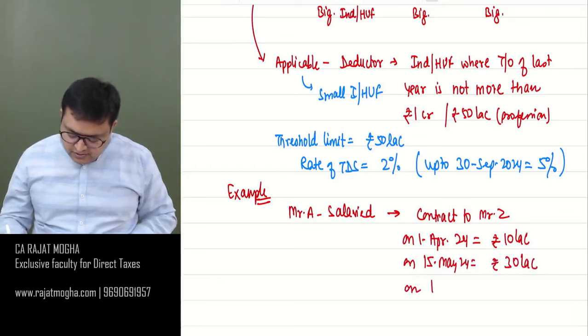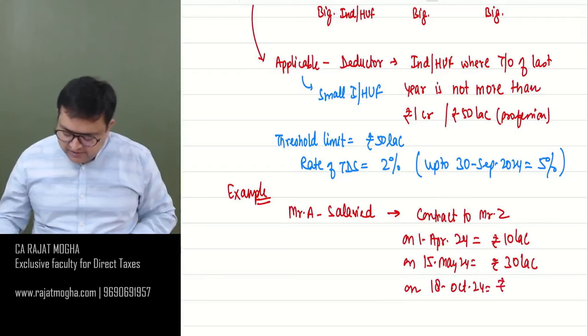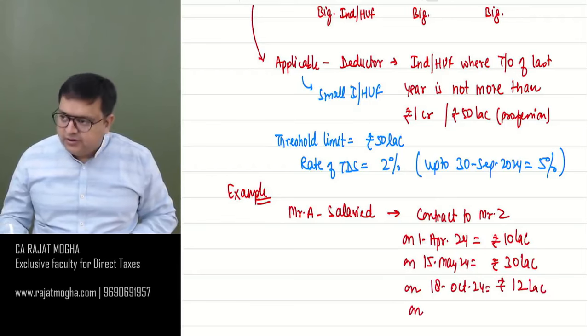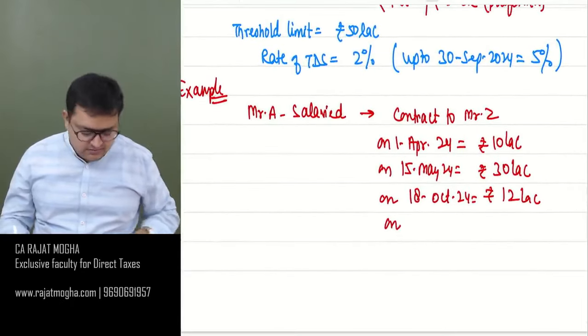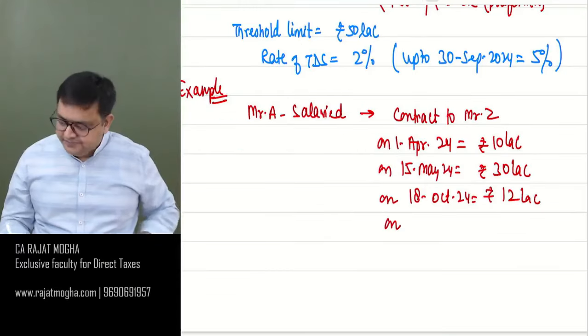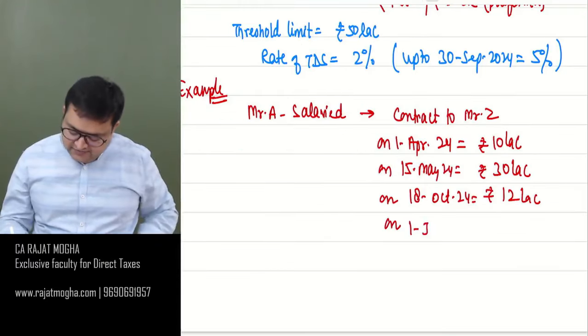On 18th October 24, he is paying 12 lakh rupees. And on 1st January 25, he is paying 3 lakh rupees to him.